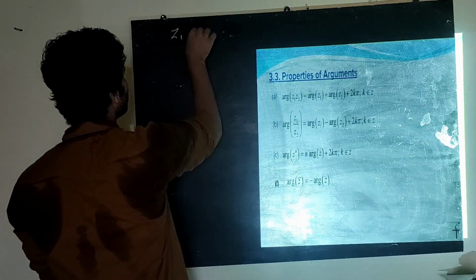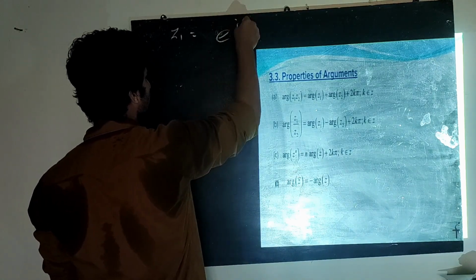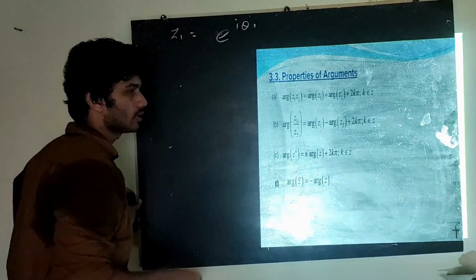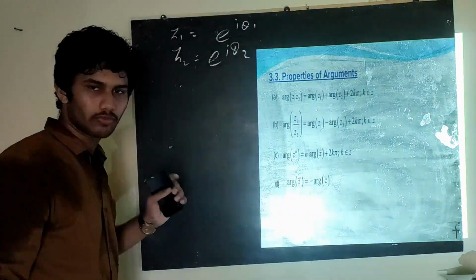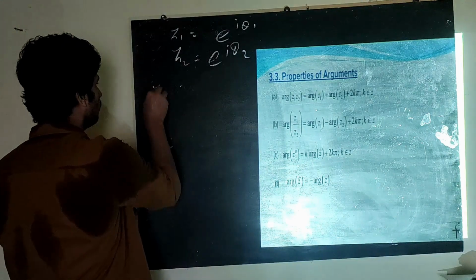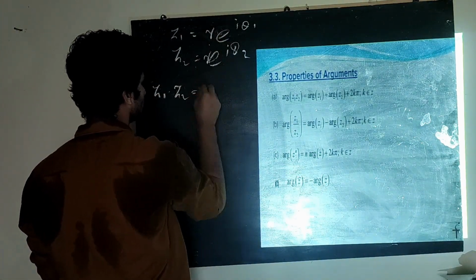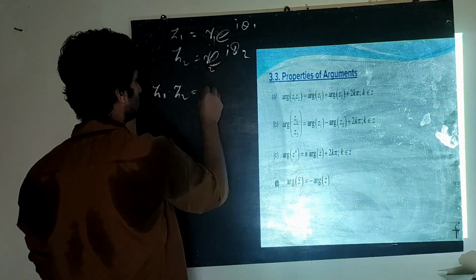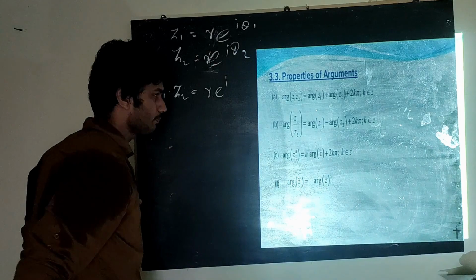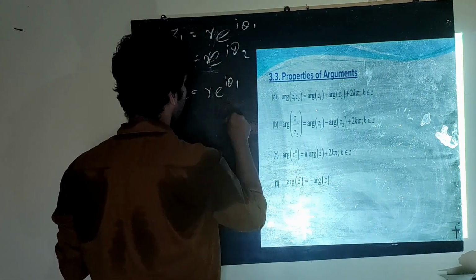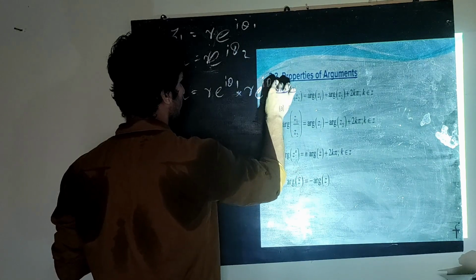Let Z1 be some R e raised to i theta 1 and Z2 be some R e raised to i theta 2. Okay. So what is Z1 into Z2? R into e raised to i theta 1, into R into e raised to i theta 2.